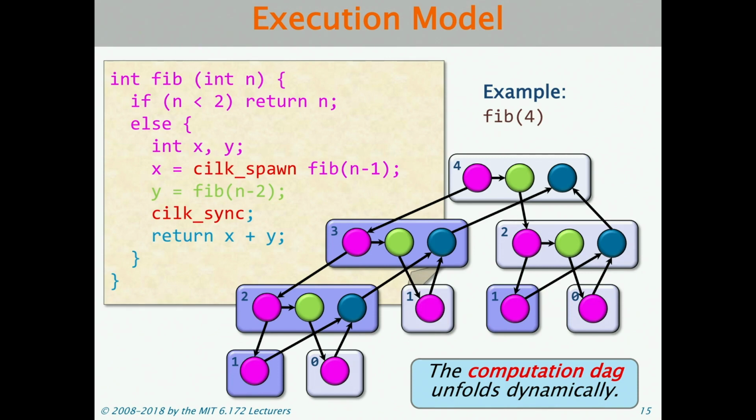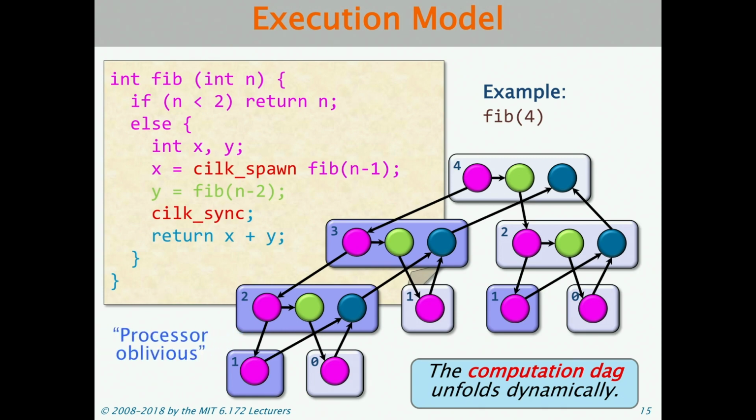OK, so one thing to note is that this computation DAG unfolds dynamically during the execution. The runtime system isn't going to create this graph at the beginning. It's actually going to create this on the fly as you run the program. So this graph unfolds dynamically.